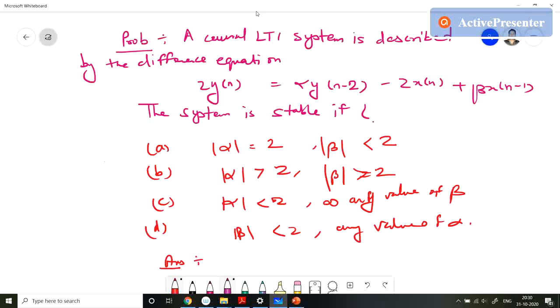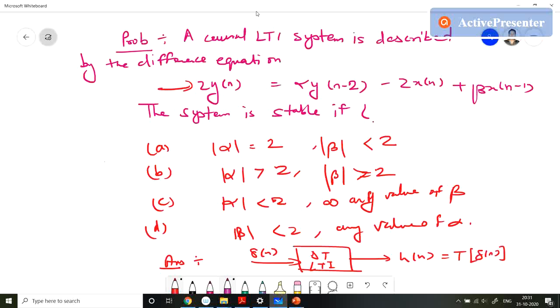By taking the z transform on both sides of this equation, and also if we want to find out the impulse response, so if this is a discrete time LTI system, then if we apply del n as input, the response we are getting is basically called the impulse response.